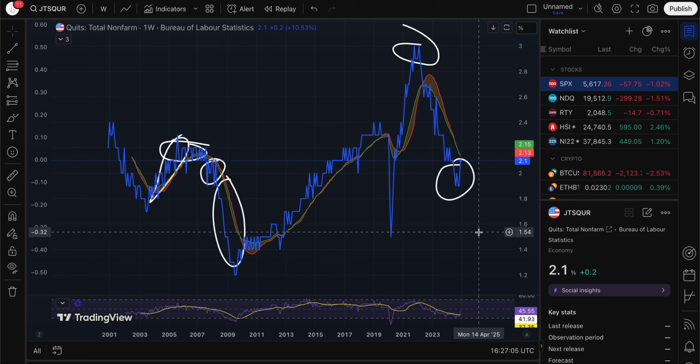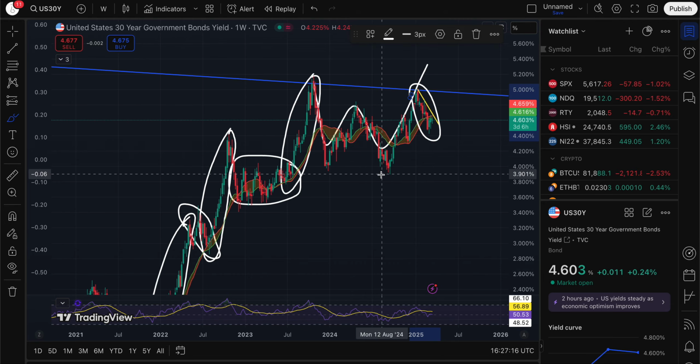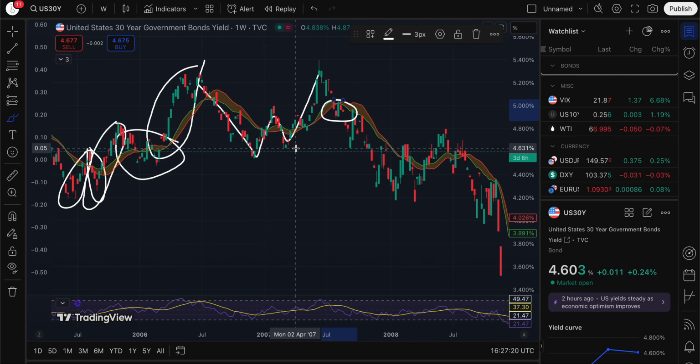And the only thing we can do really is wait for incoming data, and confirm or dismiss this setup. So really, if I had to say where we are, looking at the 2007 cycle, I would say we are right around August of 2007. Okay, just drawing a parallel to what happened last cycle.